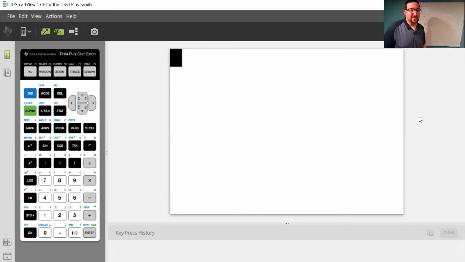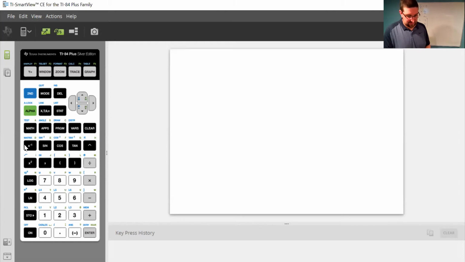What we're going to do now is I'm going to teach you how to enter in matrices. Okay. If you look above the x to the negative 1 button, if you can see my cursor, x to the negative 1 is right here. Above that, you'll see the word matrix. So we're going to hit second and then matrix.